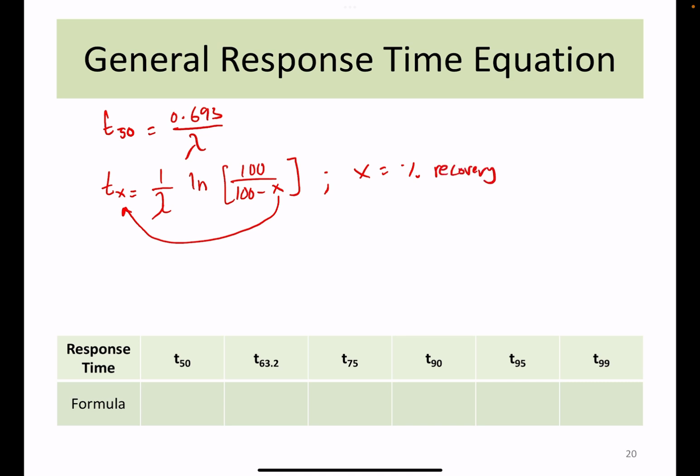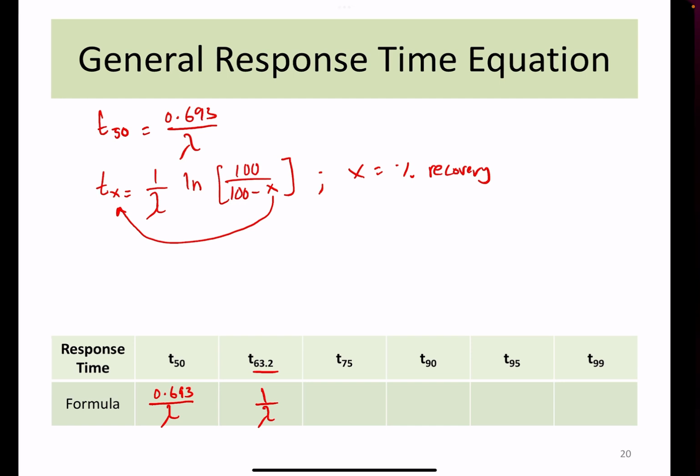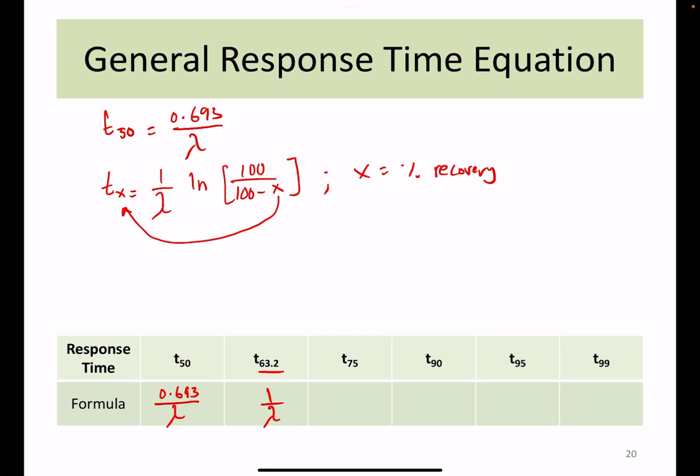Okay, so let's look for the formulas. T50, we just found it, 0.693 over lambda. This is from Chopra. You could look at it in table 3.1. T63.2 is 1 over lambda. You could just do the same process. And T75 is 1.39 over lambda.